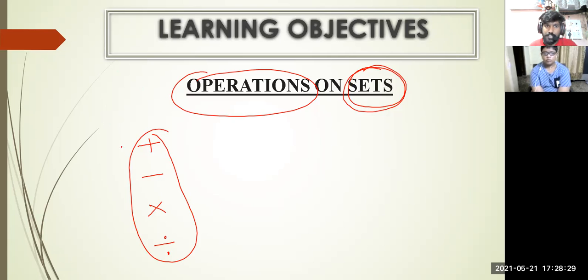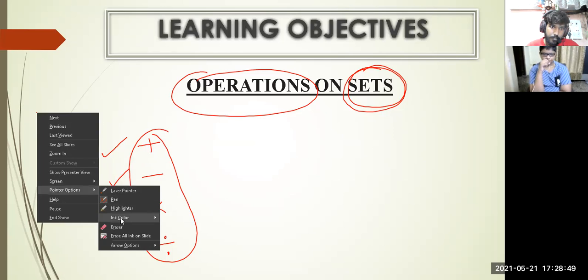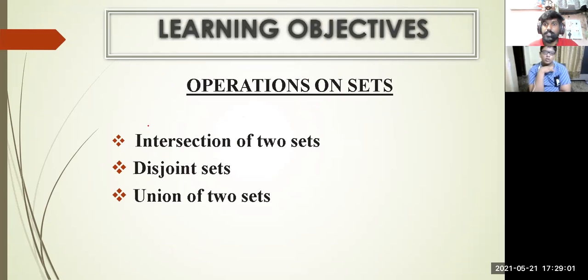So mostly we'll see two types of operations on sets, addition and subtraction, but they will not be called addition and subtraction. We have different names for them. So the names are intersection of two sets, disjoint sets, and union of two sets.